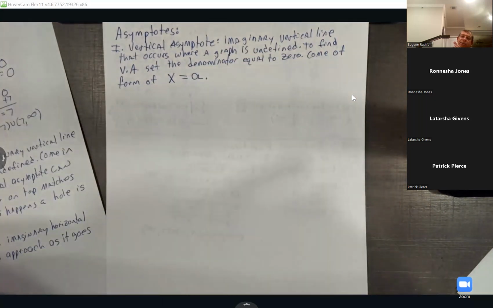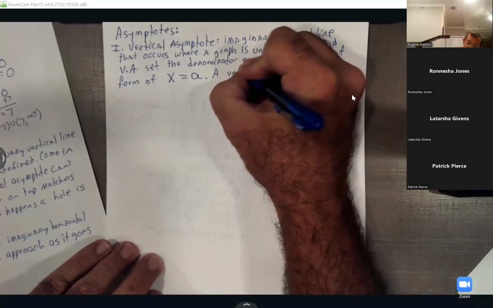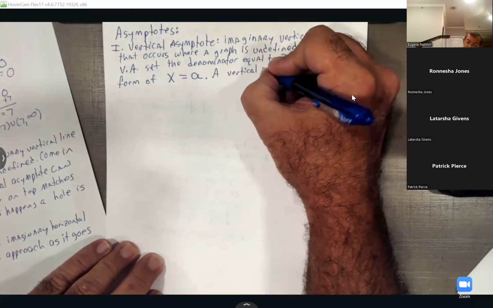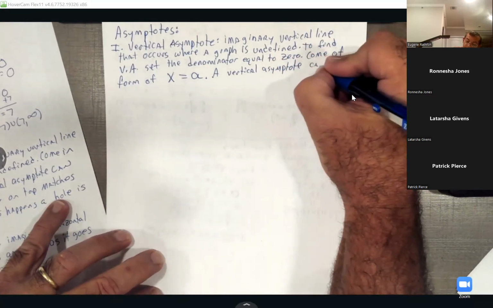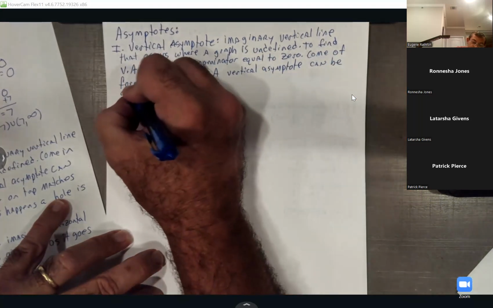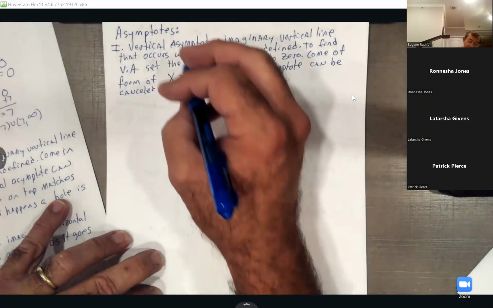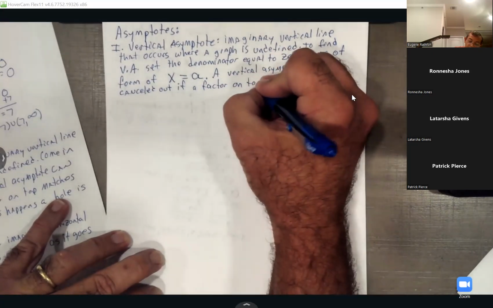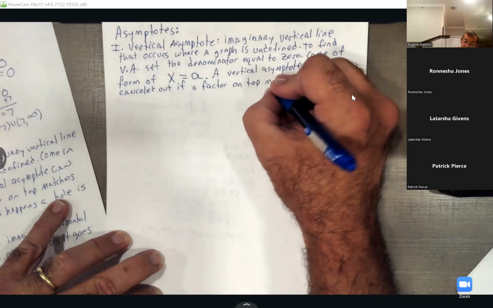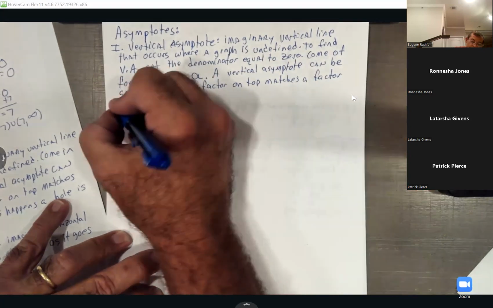Now, here's something else that can happen with a vertical asymptote. A vertical asymptote can be canceled out if a factor on top matches a factor on bottom.